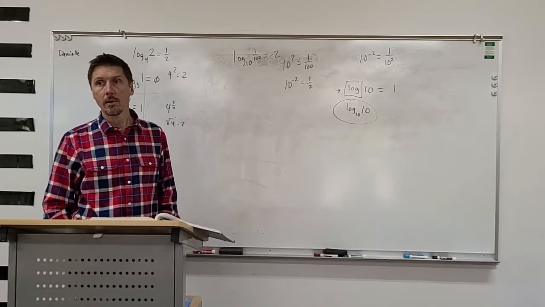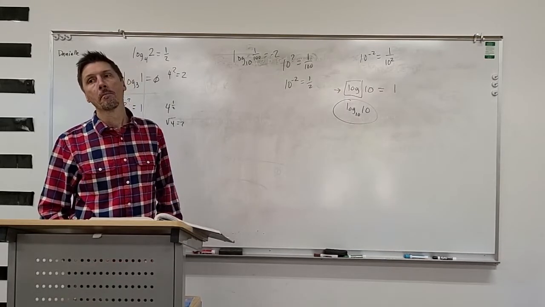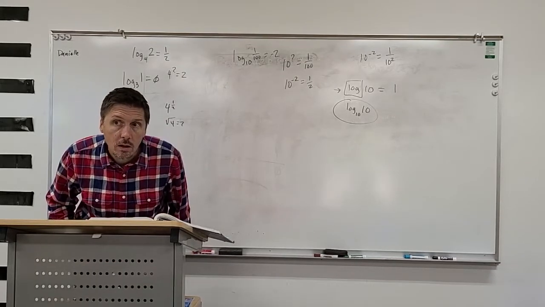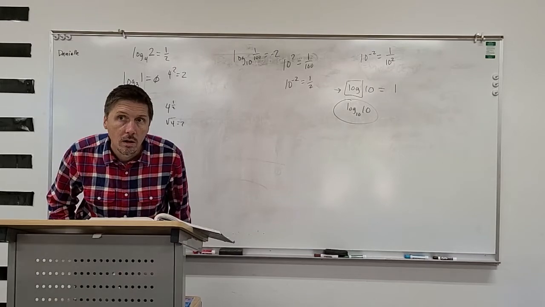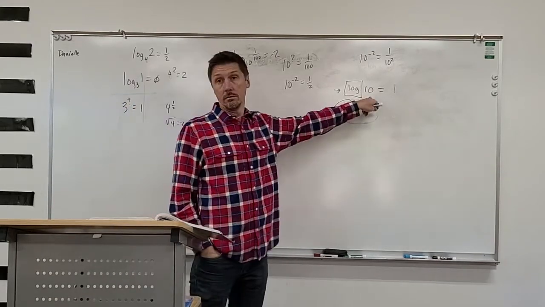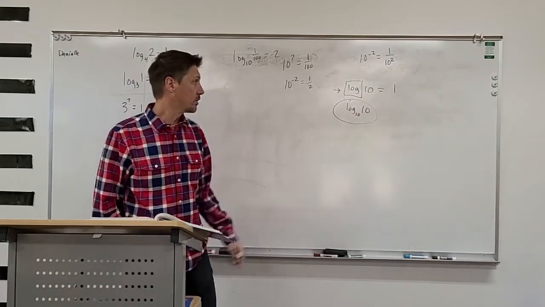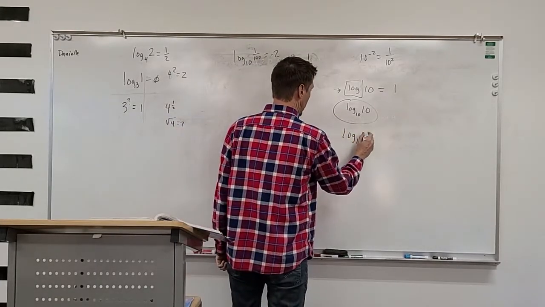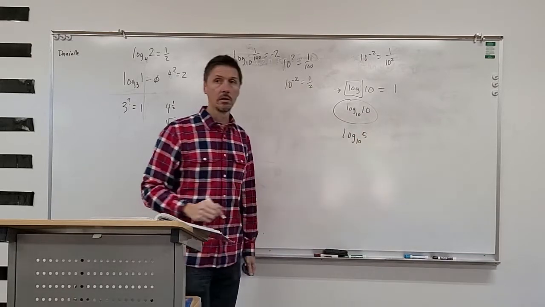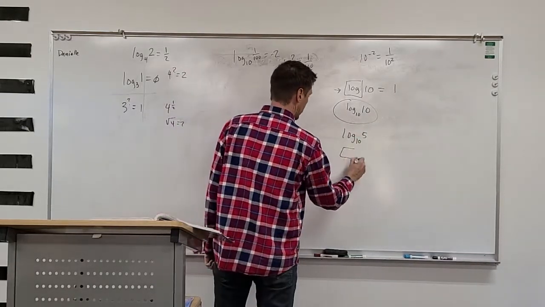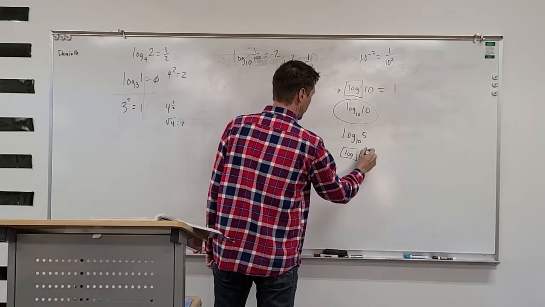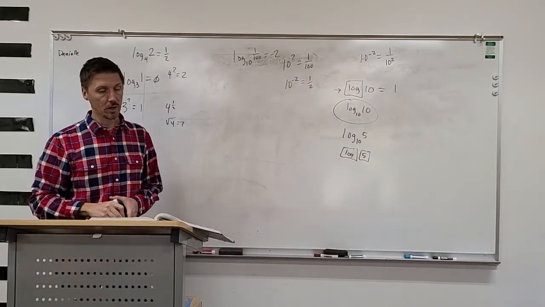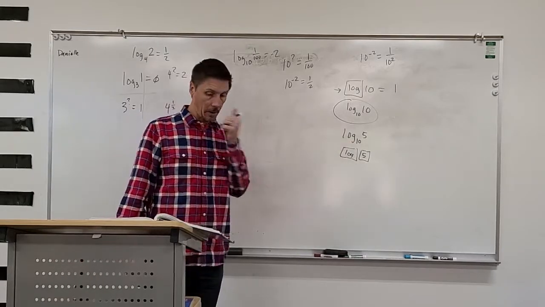So we use the log button, and then do we just type 10 to the power 10? No. You just type log 10, and you're done. Oh, that's it? That's it, yep. So just so it won't be confusing, if you're going to find log base 10 of 5, what you type in your calculator is just your log button and the number 5, because the log button means log base 10.